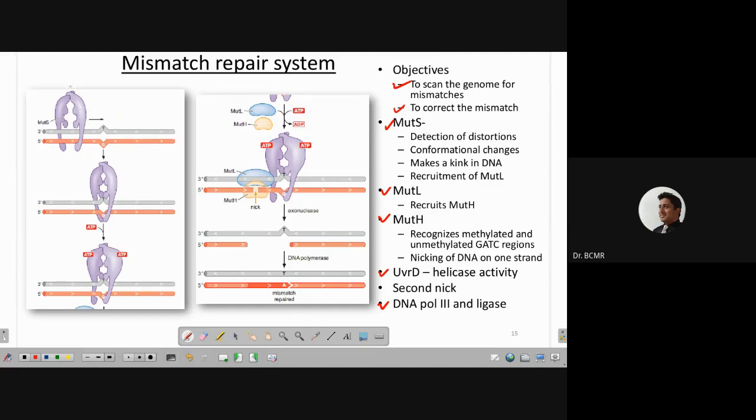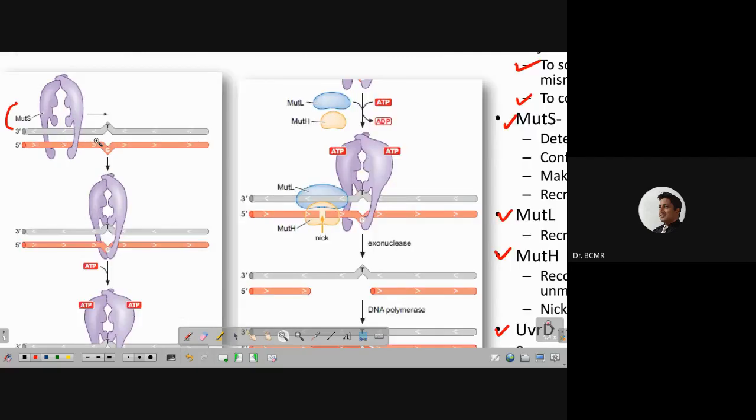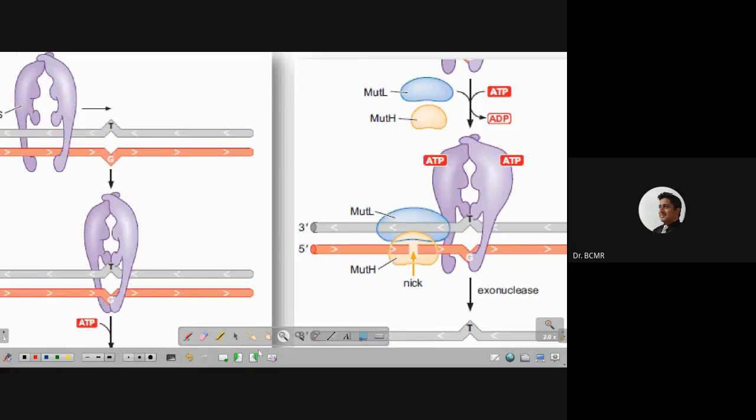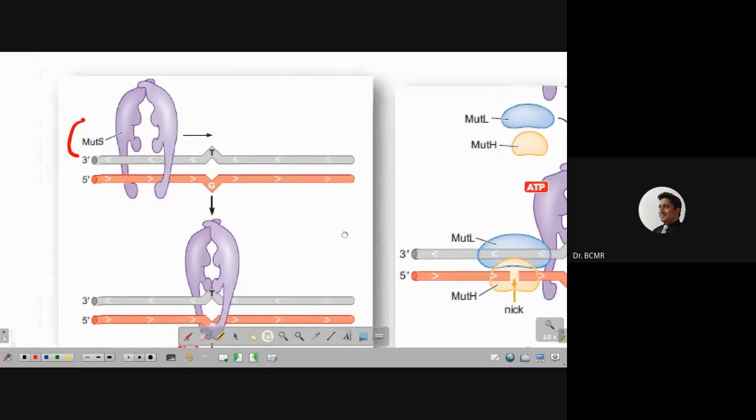MutS is a dimer, as shown here. It binds to DNA, as shown in this picture, encircles the DNA and keeps scanning the DNA, moving in this direction. If it encounters a mismatch like this, here the mismatch is T and G, which is required to be repaired.